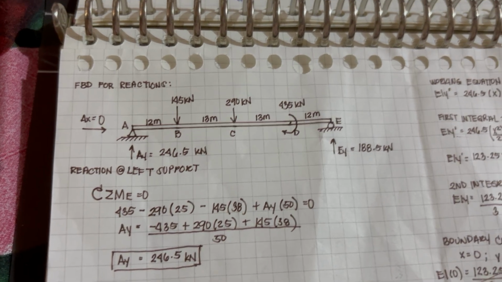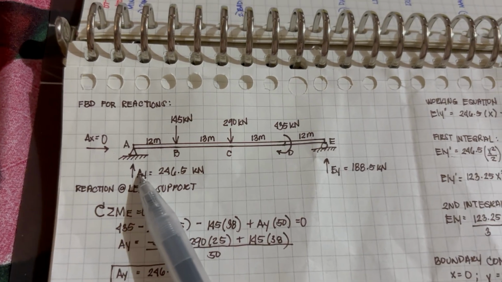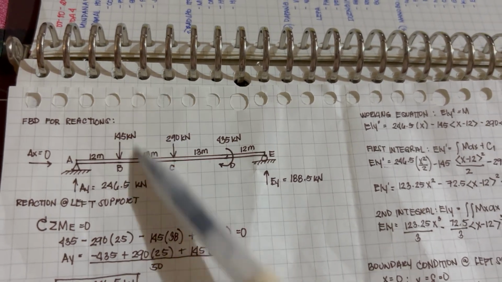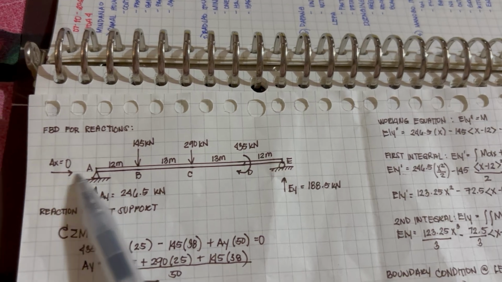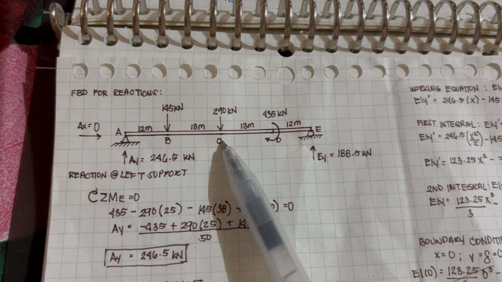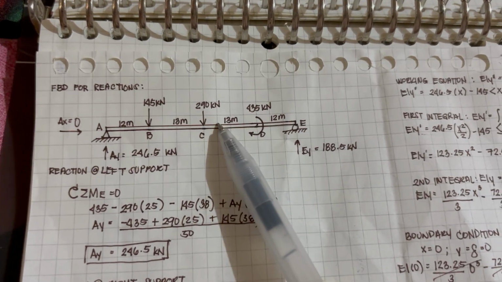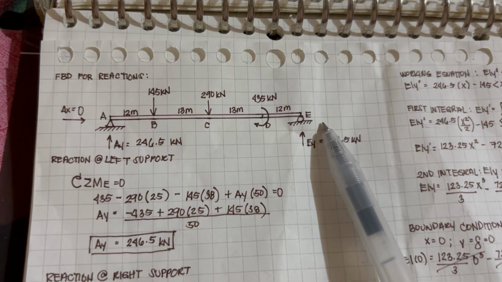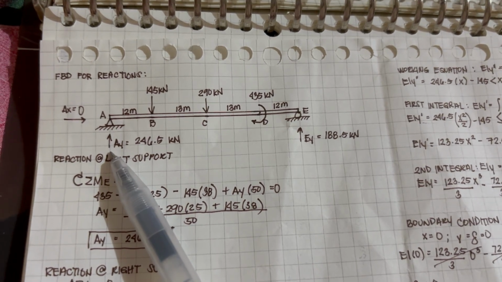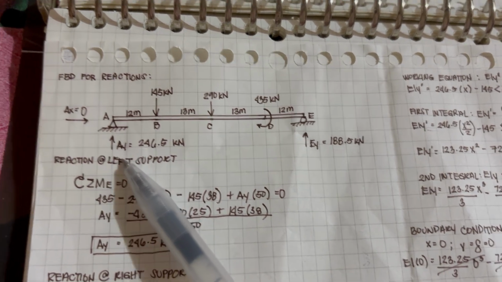Now we solve. We will first create the free body diagram for the reactions AY and EY. On this drawing, we have the forces pressing down on the beam with a total span of 50 meters. At points B, C, we have forces 145 kilonewtons and 290 kilonewtons respectively. To get the reactions on the left support, we will now consider AX as 0 and AY, the reaction we will have to solve.